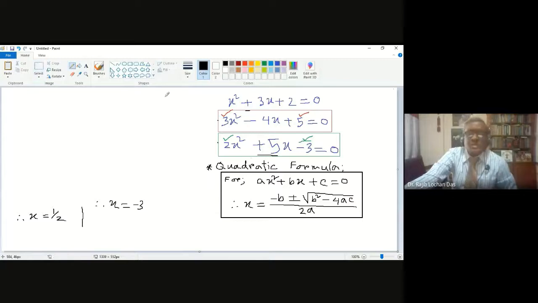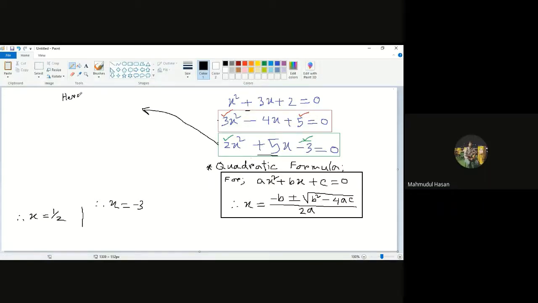So let us check this with the second one first. The second equation is 2x square plus 5x minus 3 equal to 0. In this equation, what is your A?